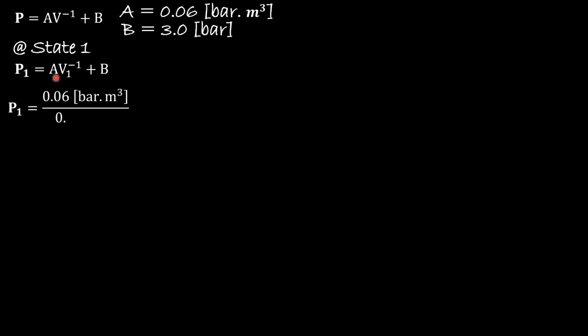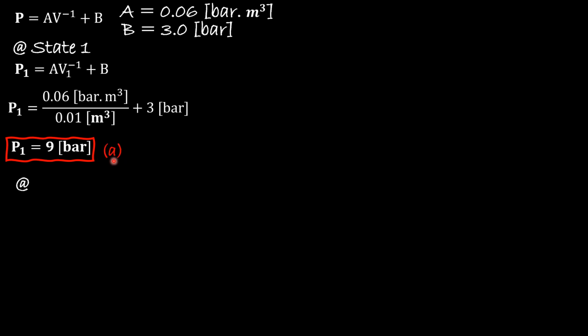So this is our A value, 0.06 bar times meter cube divided by V, to get rid of the minus 1, from multiplication it can go down to division, just like that, plus 3 bar. So here the values are given to us. So pressure 1 is 9 bar. This is the answer for letter A.